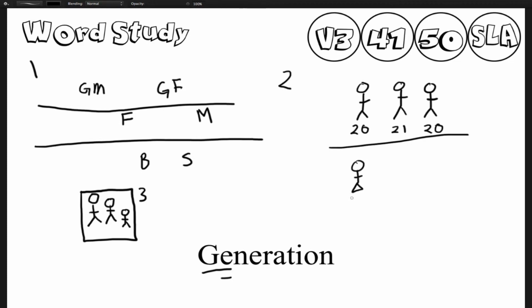This person is 11, this person is 12, this person is, let's say, 12. They are part of the same generation. Your generation are the family members that are a step in line from a single ancestor, or a group of people born and living at the same time. Generation.